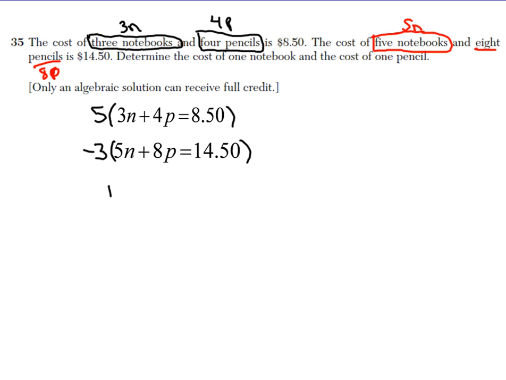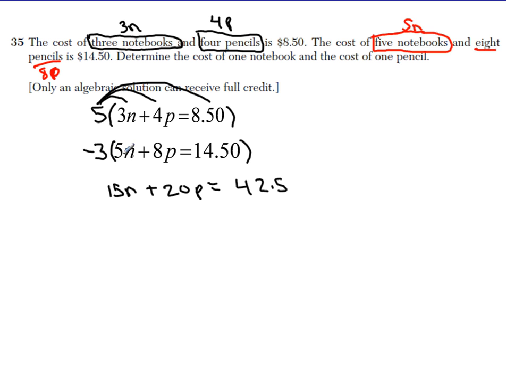5 times 3n is 15n. 5 times 4p is going to give us 20p. And 5 times 850 is going to give us 4250, or 42.5. So I just distributed that 5.